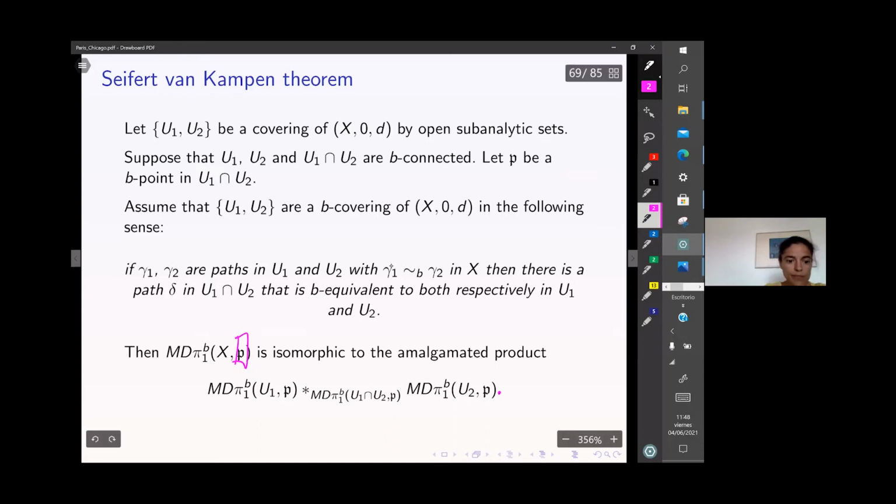You can take an arbitrary set of points and find conditions for the covering similar to this one, so that you can obtain the moderately discontinuous fundamental group of the colimit of the moderately discontinuous groups of the sets.